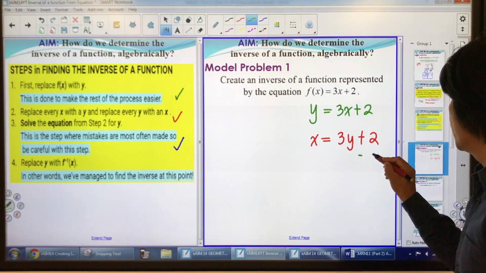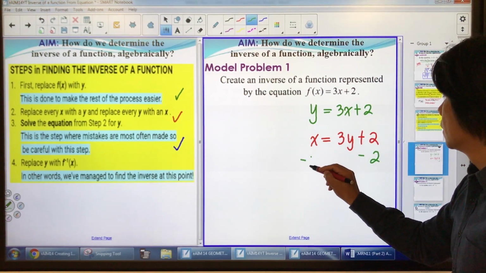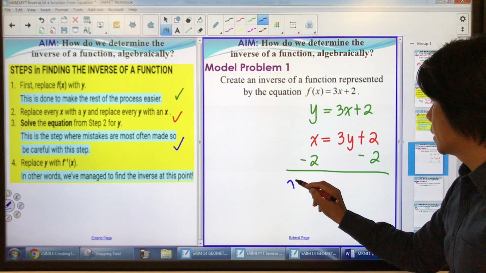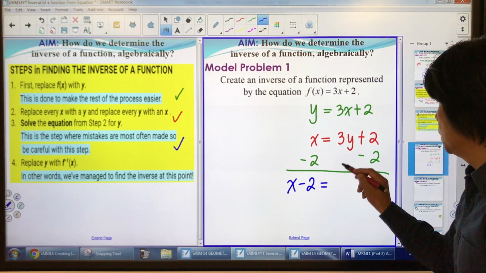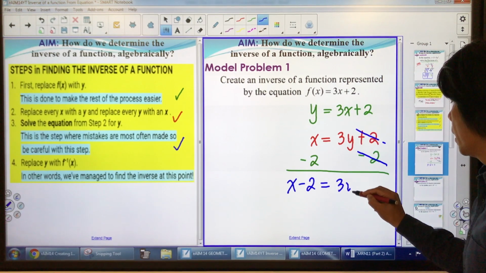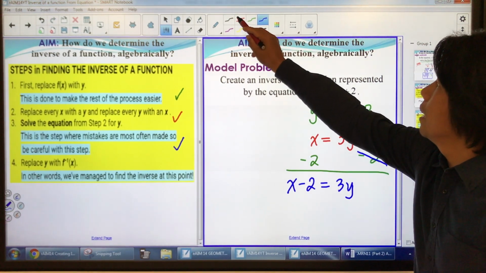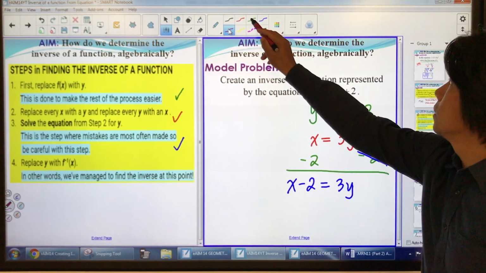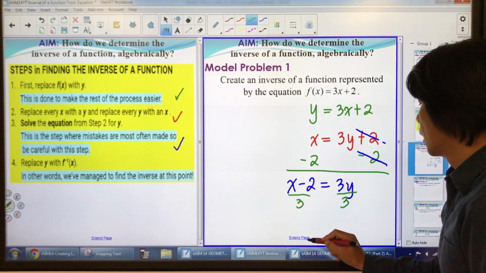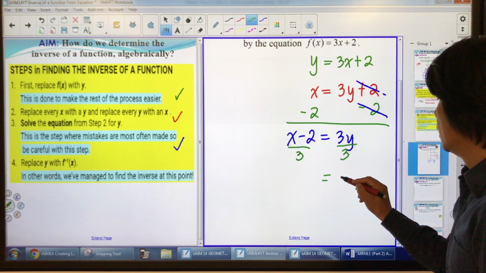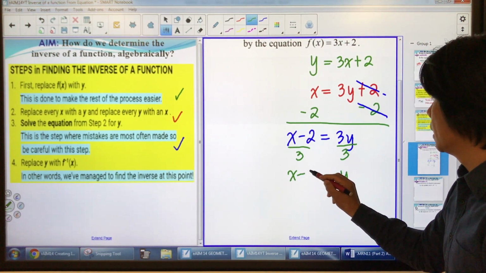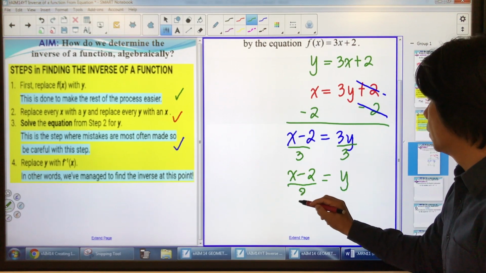So we take away 2 from both sides, right? The result here is x minus 2 equals 3y. And then you need to divide each side by 3. Now the y is by itself, and this is x minus 2 over 3.